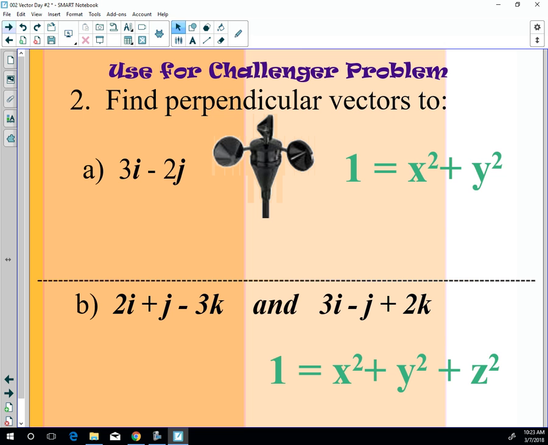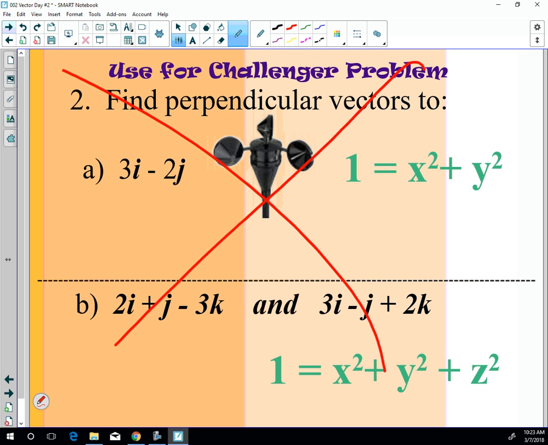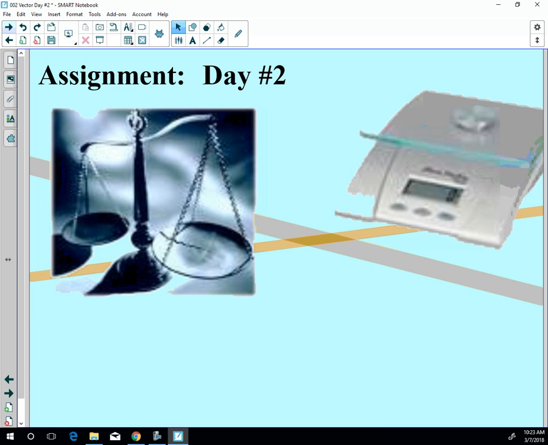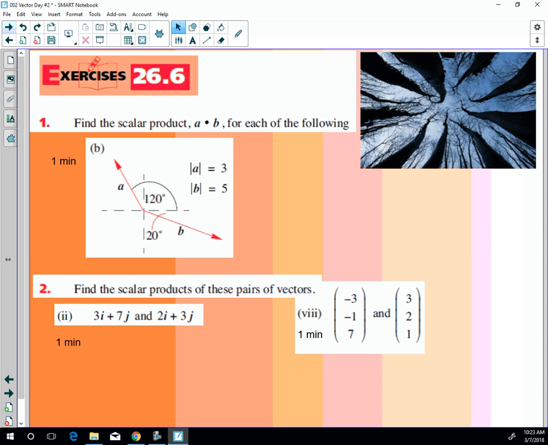And then would you take this slide and put a big X through it? We're not going to do that because we're going to use cross product. You won't need to do that. So for homework, you can use those formulas.